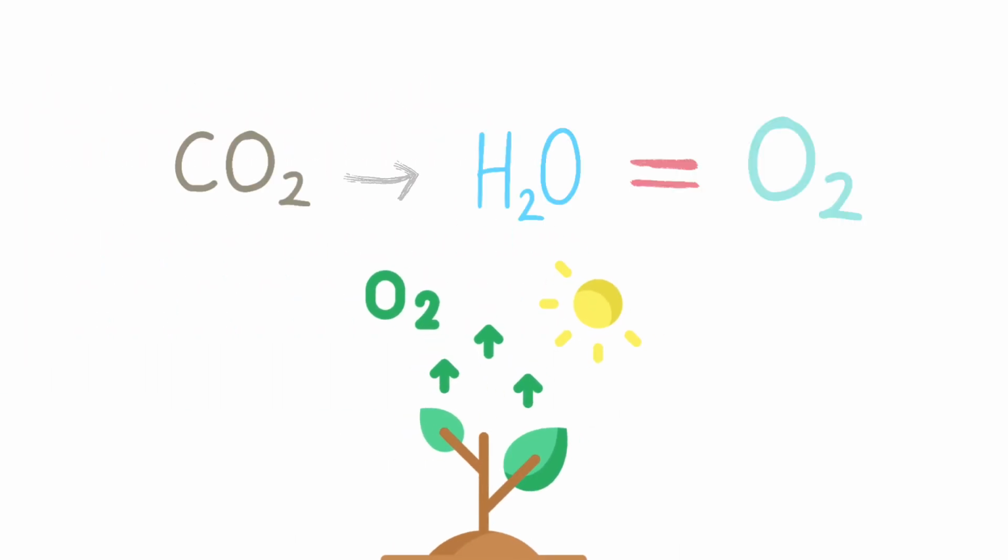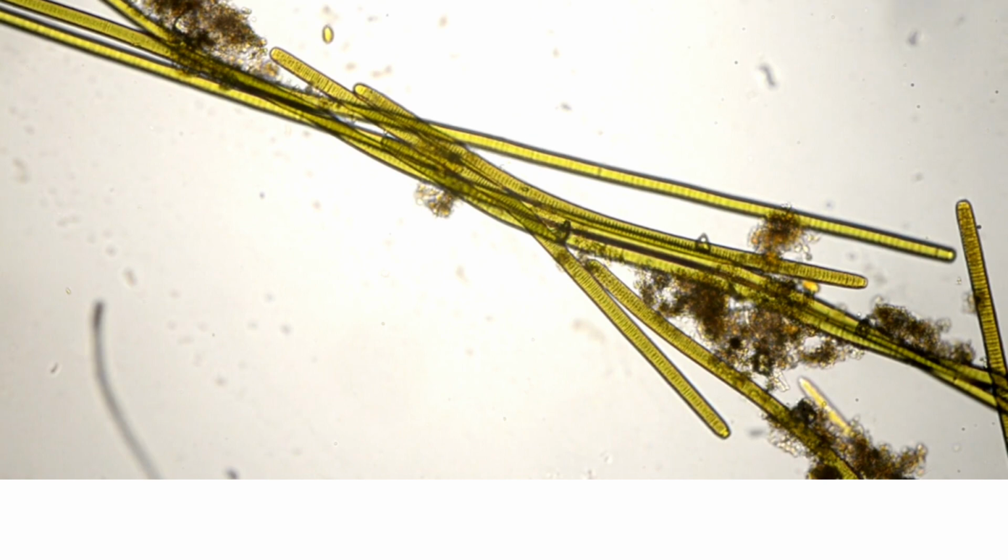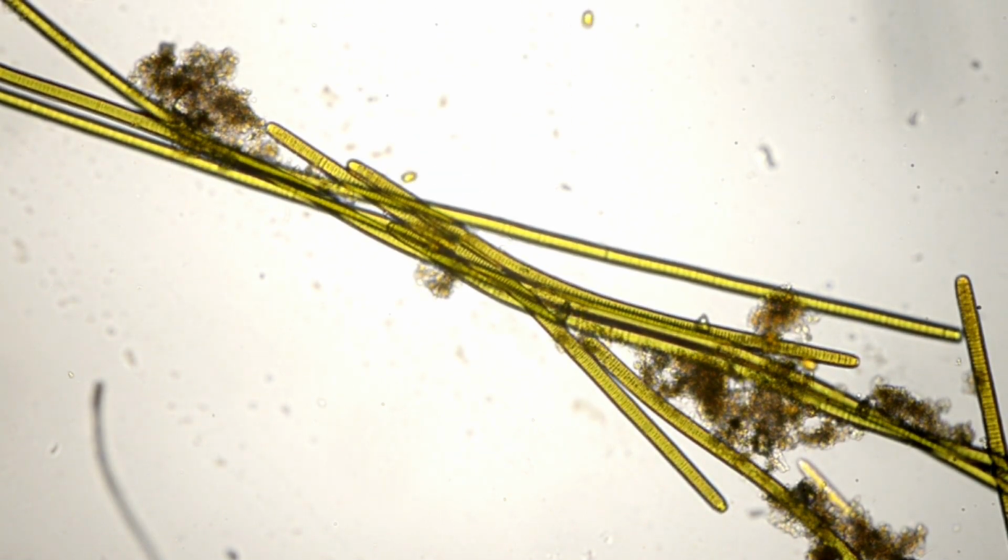One of the most significant events in the Archean was the development of photosynthesis, a process by which organisms harness sunlight to convert carbon dioxide and water into organic compounds, releasing oxygen as a byproduct.